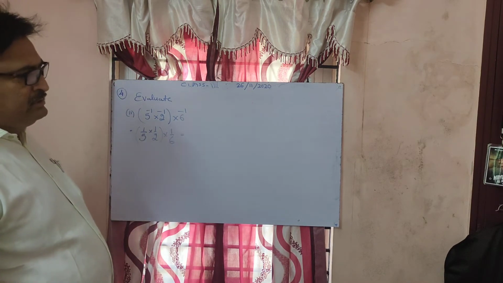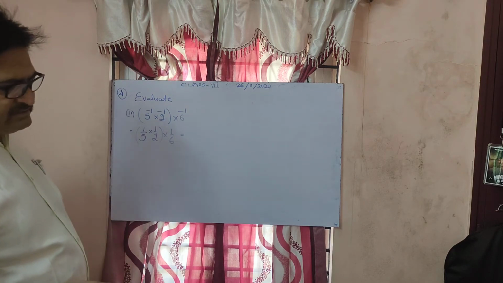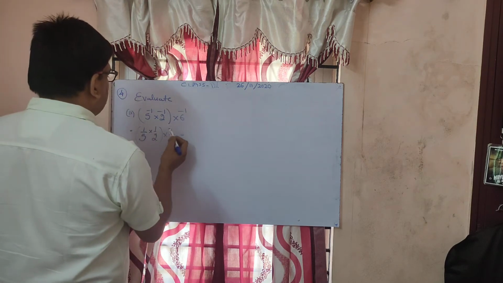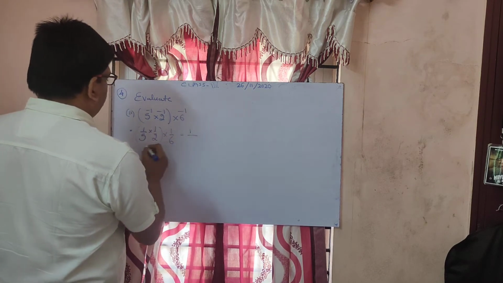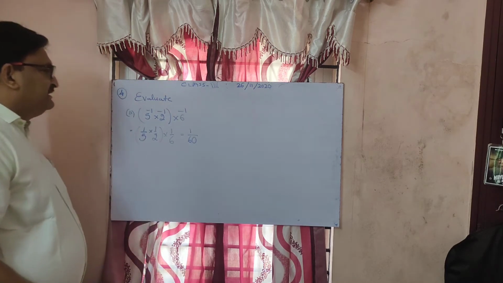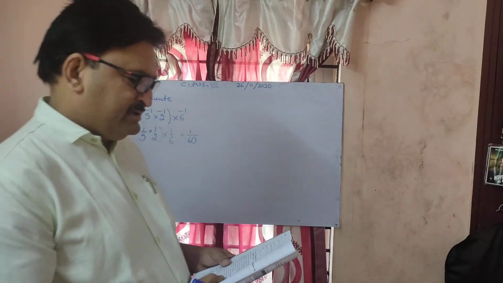Now, being this multiplication, you cannot cancel anything. So just multiply the numbers. 1 1s are 1, 1 1s are 1, that is 1. 5 2s are 10, 10 6s are 60. That's it. This is the answer. 1 upon 60 is the answer.